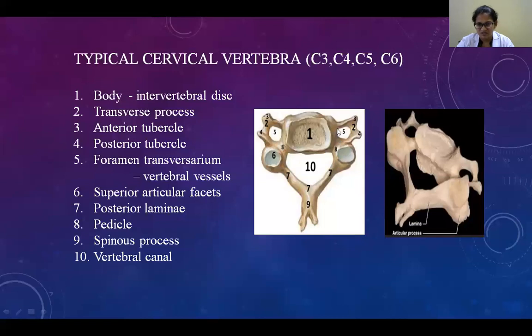What is costal element? The anterior root of the transverse process, anterior tubercle, costotransverse bar, along with the posterior tubercle, all these four together are called costal elements. Next, the posterior root alone is the true transverse element.